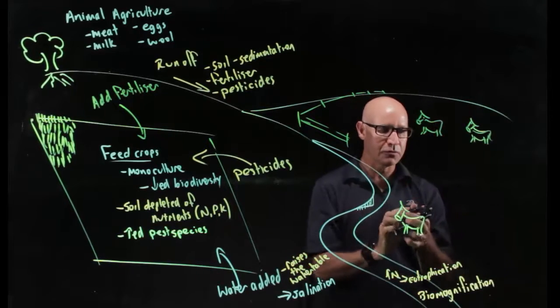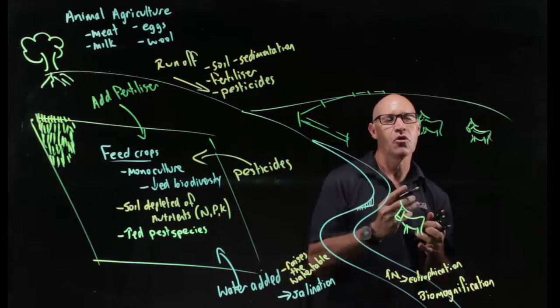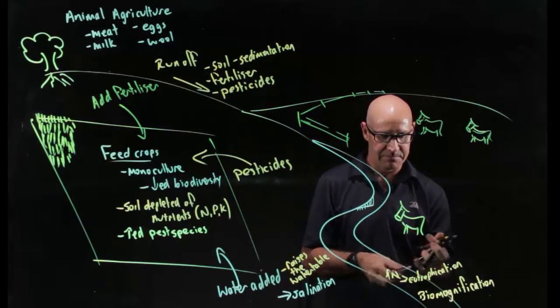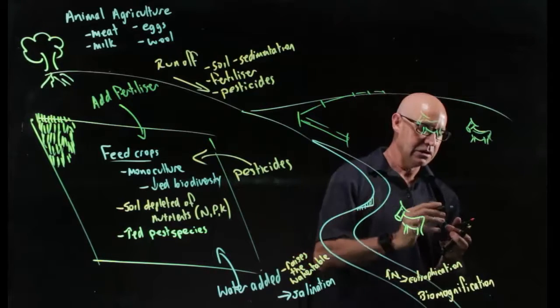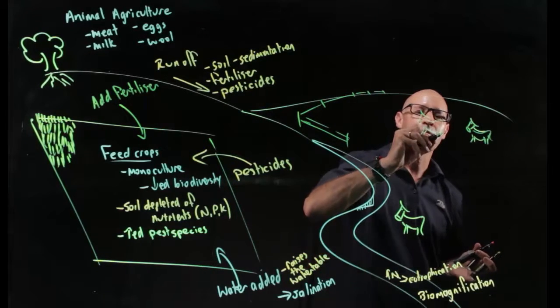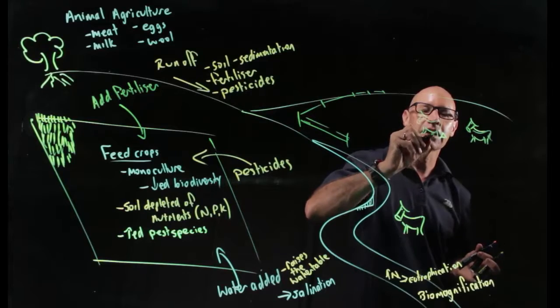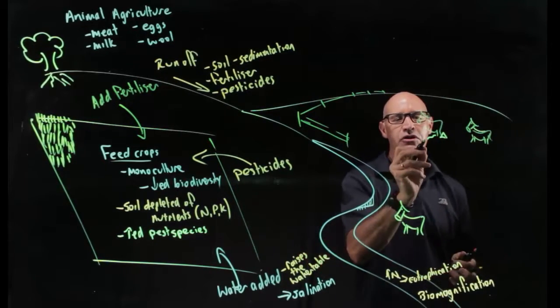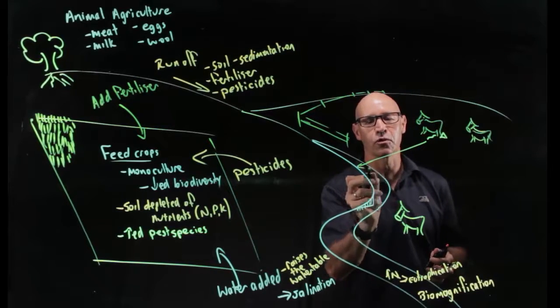When we're growing animals on land, or maybe quite intensively in factory farming, we have the production of waste that is high in nitrogen in feces and urine, which can then move into the waterway.